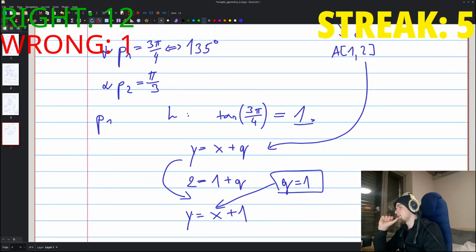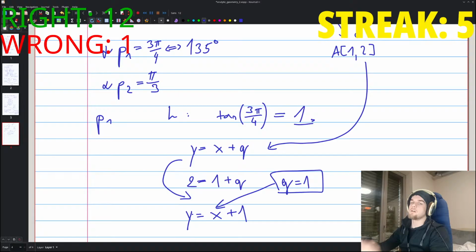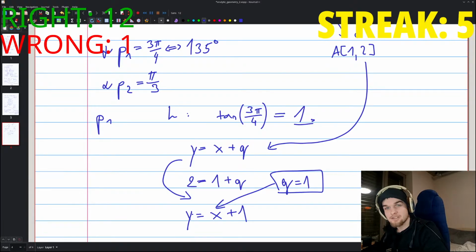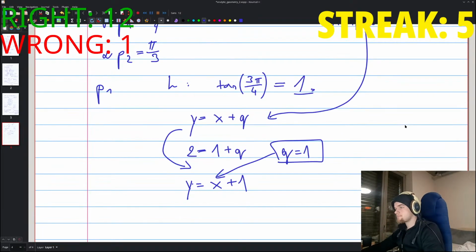It doesn't even go through that point. I guess I can't do it like that. Oh, wait, I put minus 1, but it's plus 1. Okay, now it works.